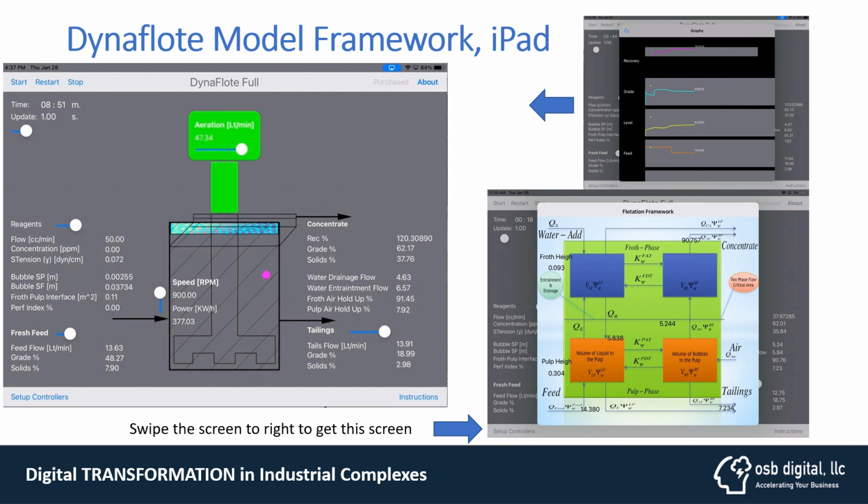And when you touch the screen, you can see this other screen, and you touch the other way, you can see those. So those things you can experiment with.